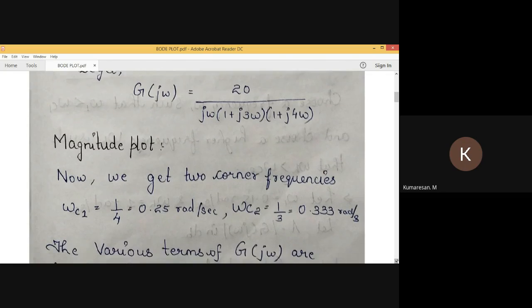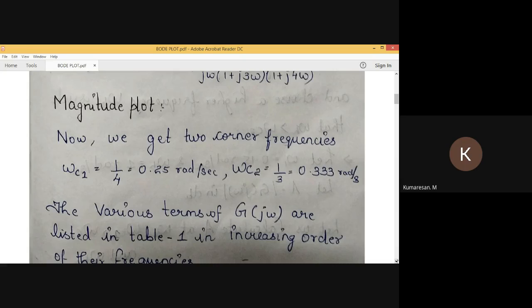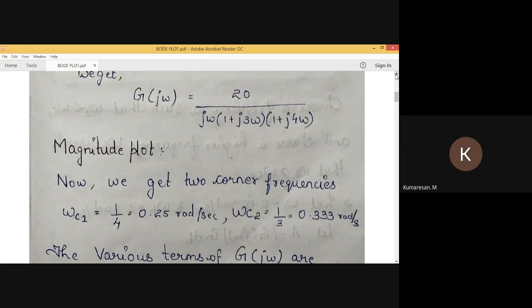Now we get the two corner frequencies. How are we going to find the frequencies? Just look at the numerator. The numerator has only 20. There is no S term in the numerator. In the denominator we have 3 S terms.